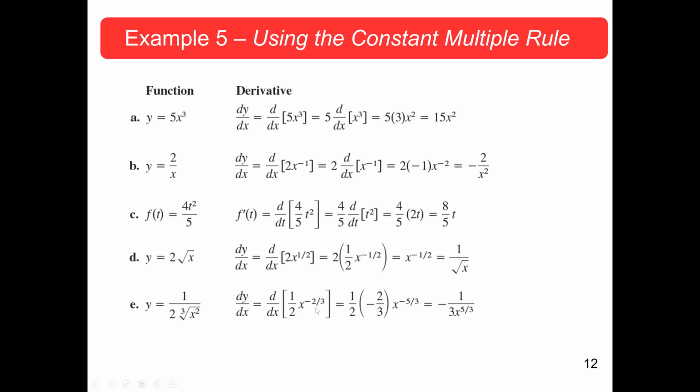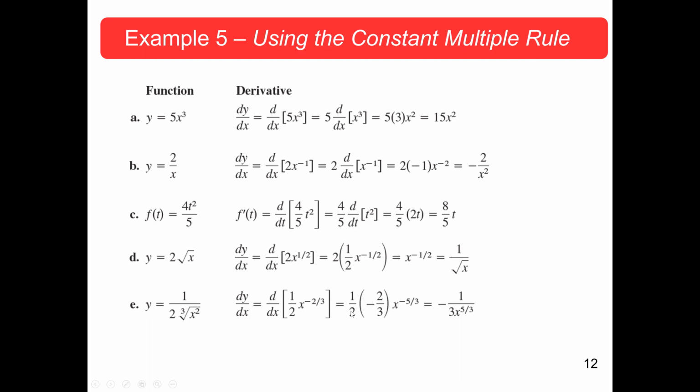So now we find the derivative of x to the power negative 2/3. It will give us negative 2/3 x to the power negative 2/3 minus 1. Now, negative 2/3 minus 1 will give us negative 5/3. So our final answer will be half times negative 2/3 x to the power negative 5/3.